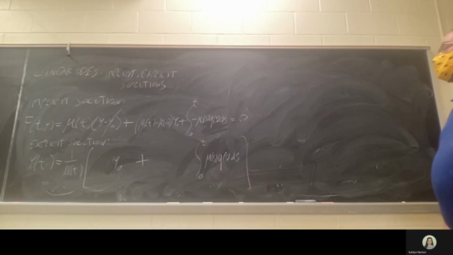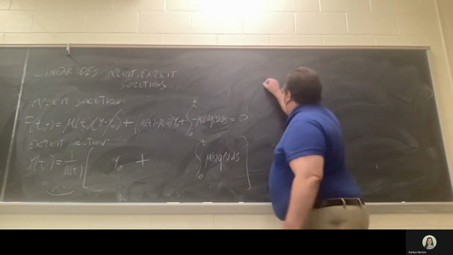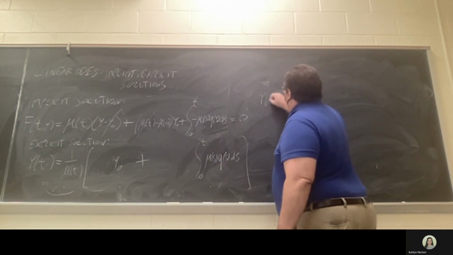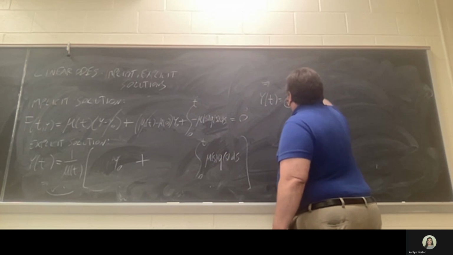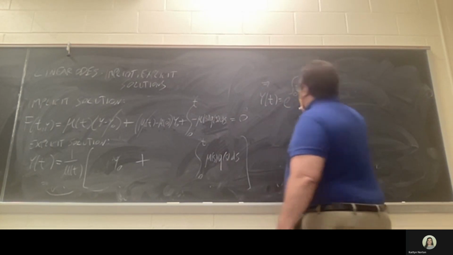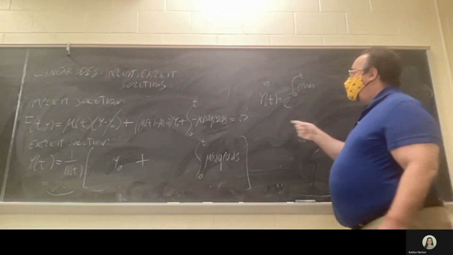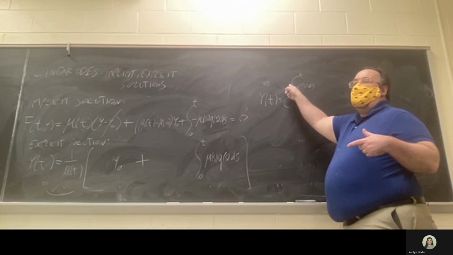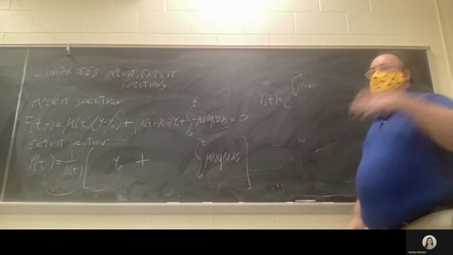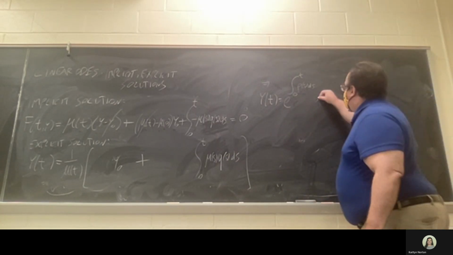Okay. Now, I want to fill in what mu is as an exponential. So y of t is e to the integral from 0 to t of b of s ds, because notice it's 1 over mu. Mu has a minus in the exponent, but it's 1 over, so the minus is gone.